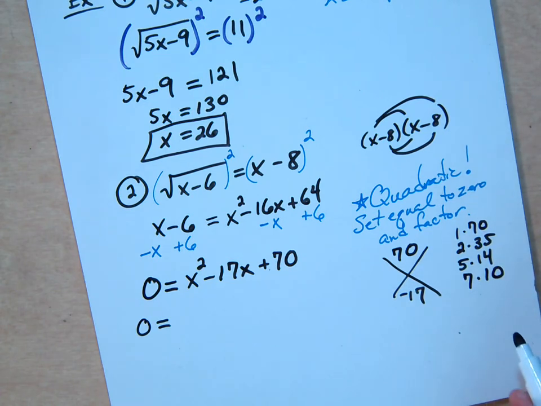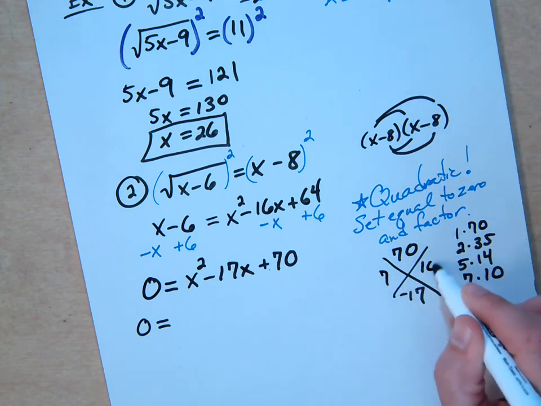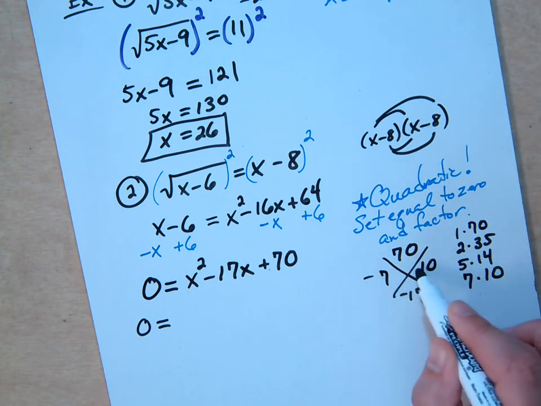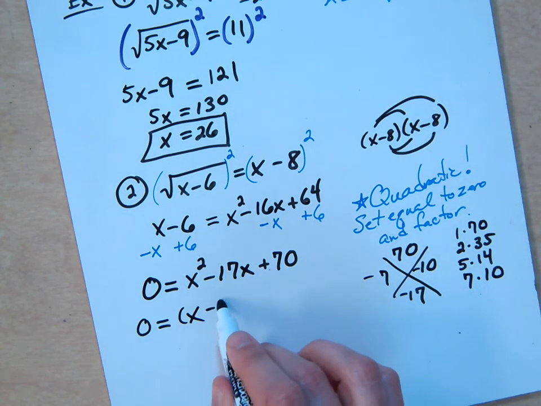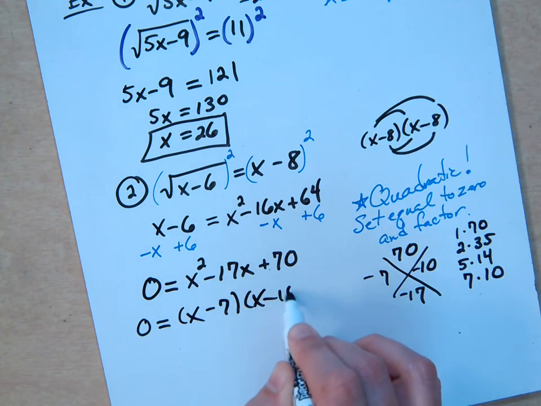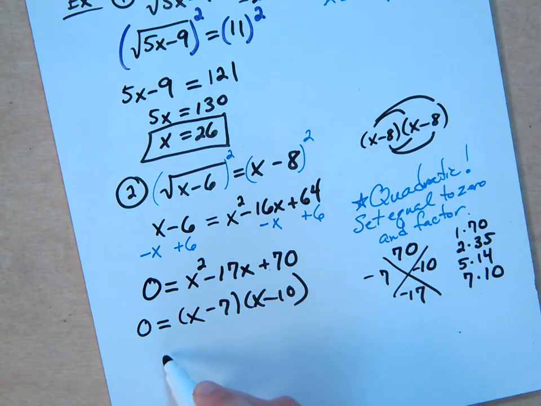Yeah. So if you build this list, you will get there. So it's 7 and 10 for sure, and then you got to check your signs. So it's x minus 7 times x minus 10, because if I distributed this back out and added like terms, I would get this back. So the zero product property says x is 7 and 10.